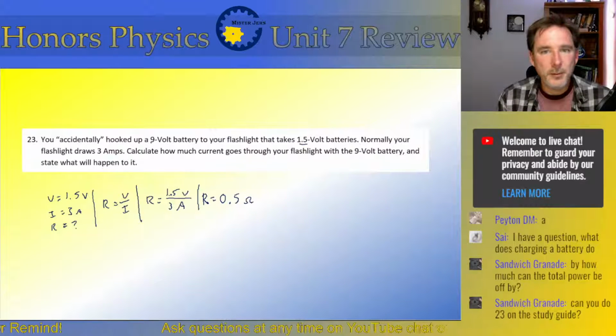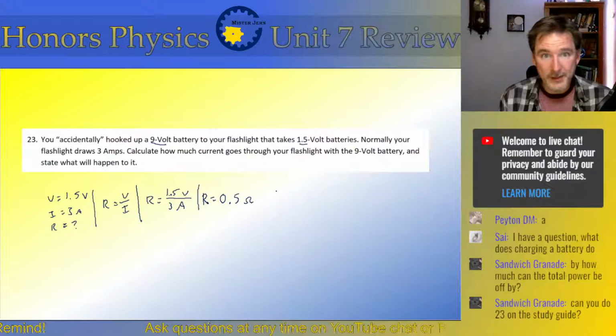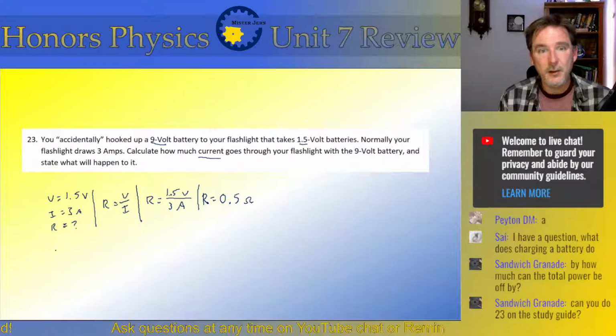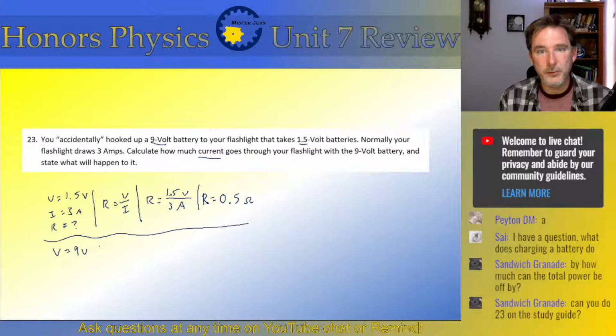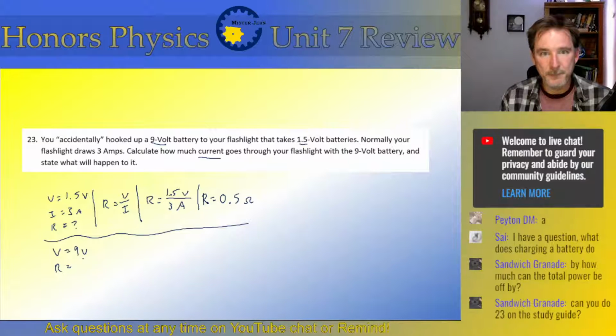All right, well, now we're going to plug it into our 9-volt battery, and we're going to figure out how much current goes through it, because now V is equal to 9 volts. And the resistance of your flashlight doesn't change. It's 0.5 ohms. And so we wanted to calculate the current.